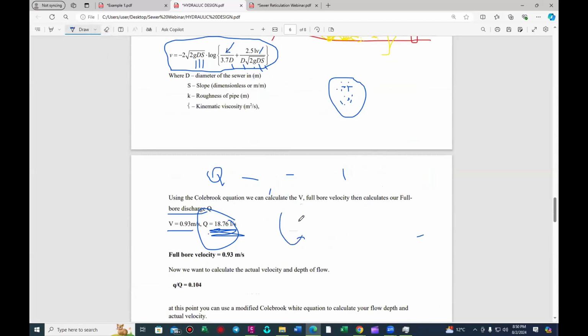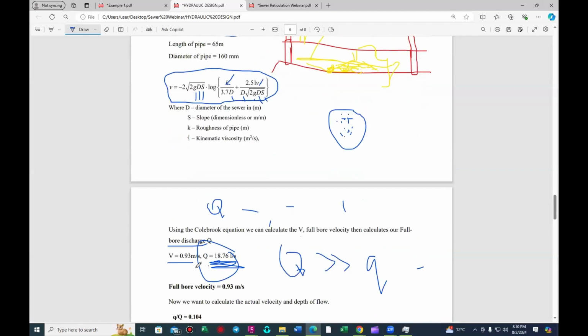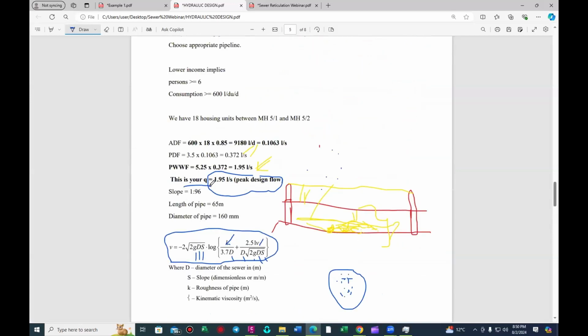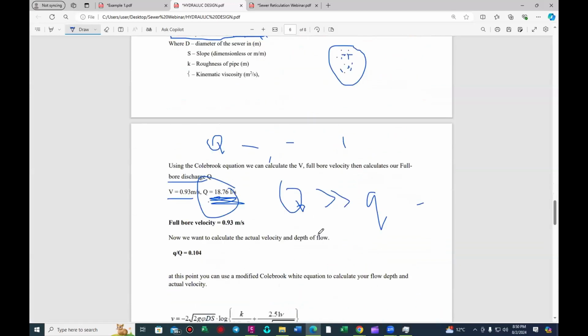So the big Q, your full bore discharge, is greater than your small Q, because the big Q is the discharge at full capacity. The small Q is the maximum discharge produced by 18 housing units if we factored in all the peak factors. Therefore big Q is greater than small Q, so this sewer line has the capacity to carry the sewage.